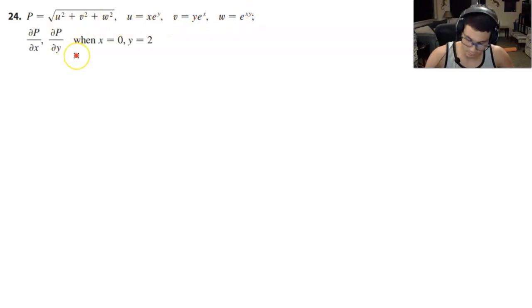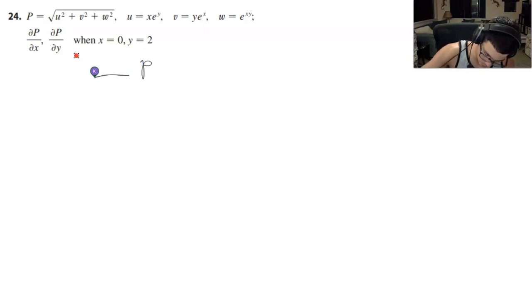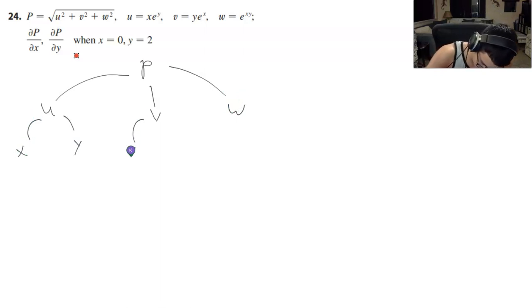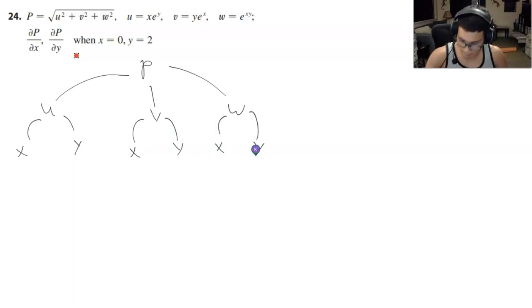So if I'm going to write out this general tree diagram to help me visualize this, I go p, and then I go u, v, w, and then I go x, y under each of them. And I could write right here the steps. We go from p to u by doing what?